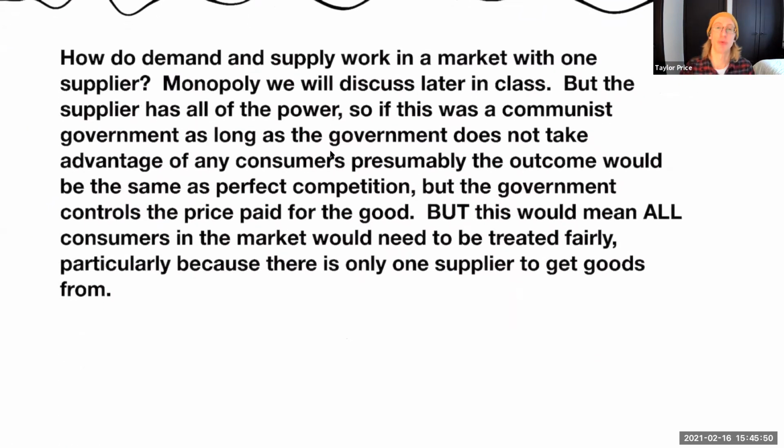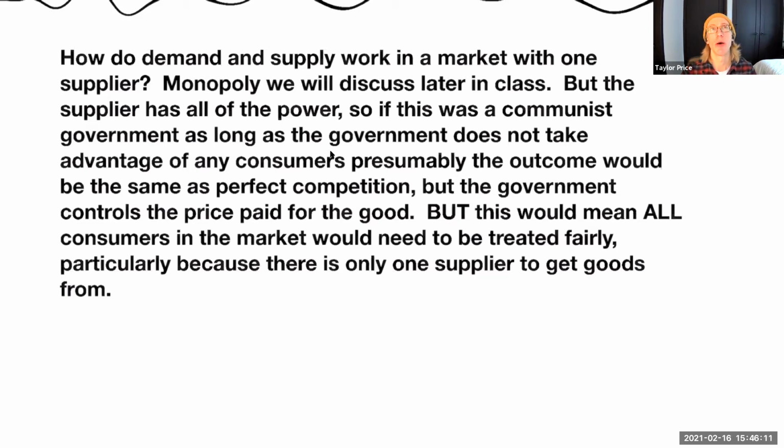Okay, so the final question was asking how demand and supply work in a market with one supplier. We're going to discuss monopolies a lot later in class, but a couple of people asked similar questions.